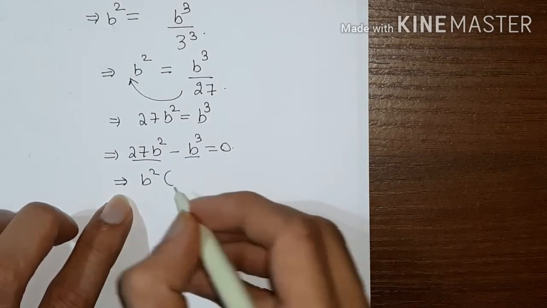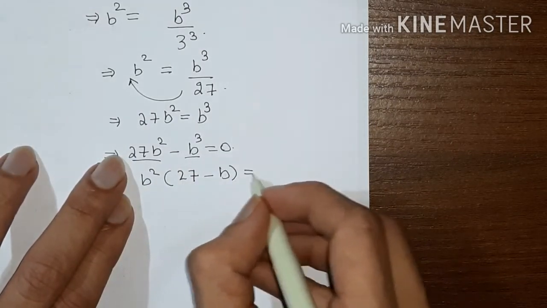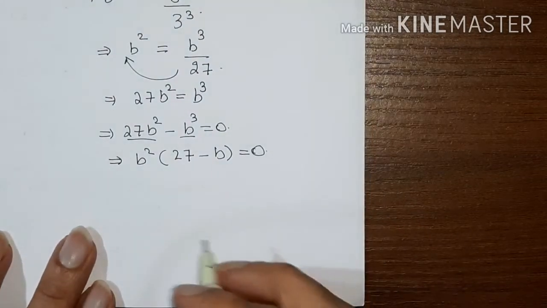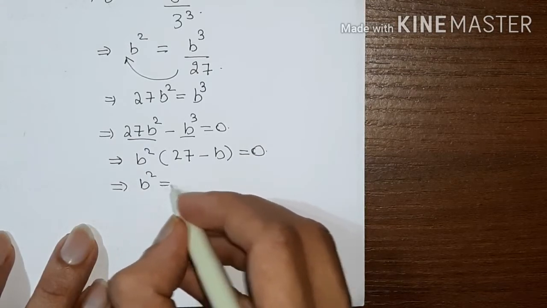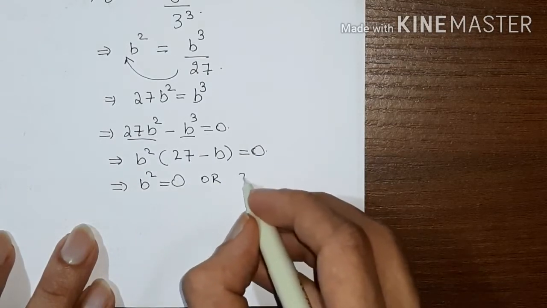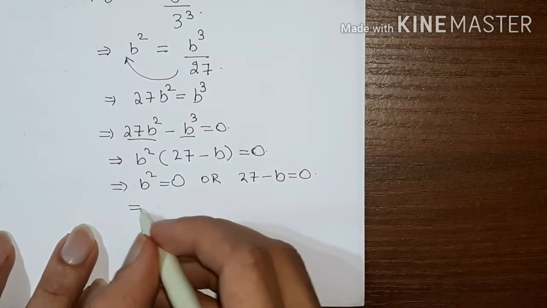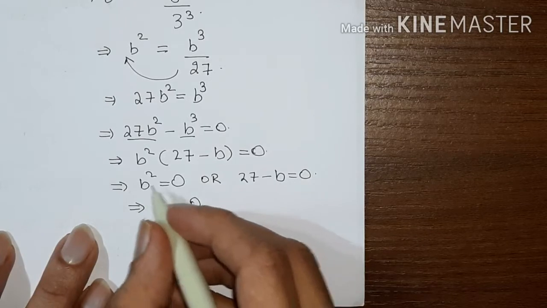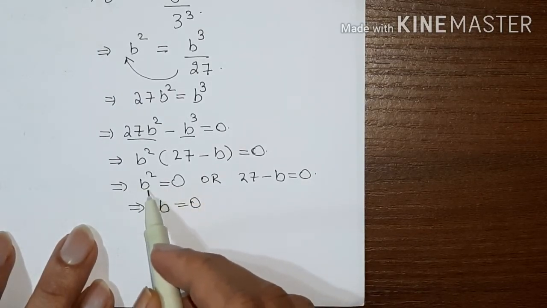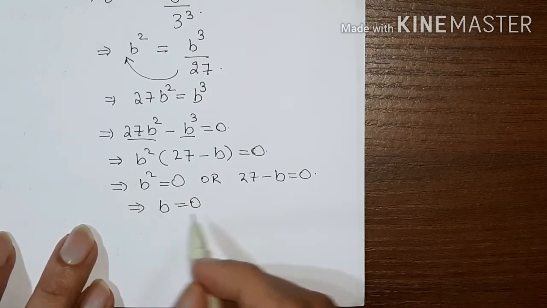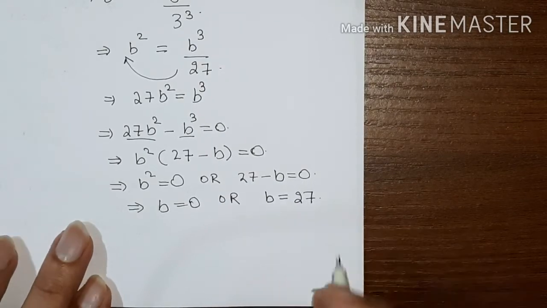So b square multiplied by 27 minus b equal to 0, I'll get. So from this equation we get b square is equal to 0 or 27 minus b is equal to 0. So from here we get b is equal to 0, because the only value for b whose square is 0 is 0. So b is equal to 0, or from here, b is equal to 27, right.